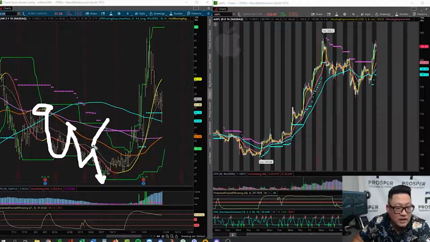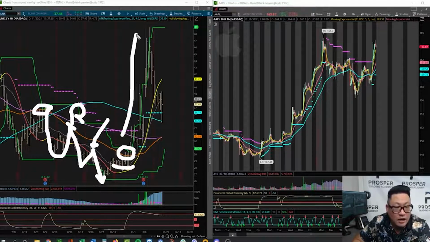In fact, the thin gray line here is my 20 simple moving average, a short-term indicator. It rejected off that level and went down. But in the same sense, when it started to recover, it started to hold the 20 SMA. And when it got above that 50 SMA, which was previously resistance at this price level, look at how extremely bullish it got in a short period of time. Again, the market sentiment on the stock transitioned from being very bearish to bullish once the stock recovered above a critical price level, the 50 simple moving average.